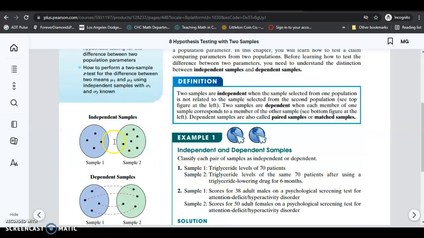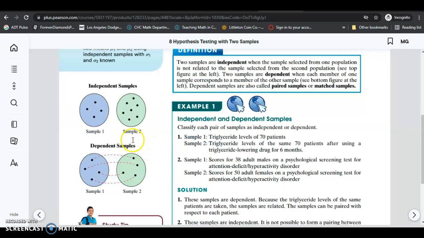You have a diagram of independent samples where the samples are different sizes. Likewise, you have a diagram of dependent samples where each data value in both samples is matched, based on the relationship connecting those individuals.